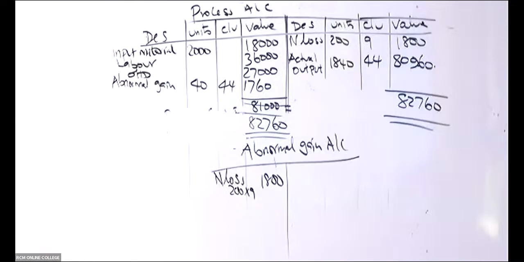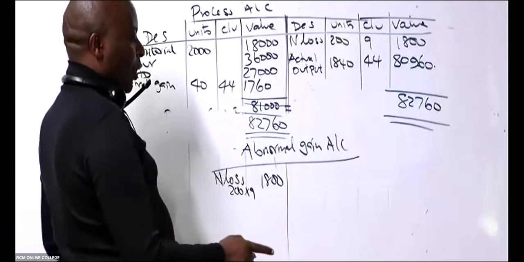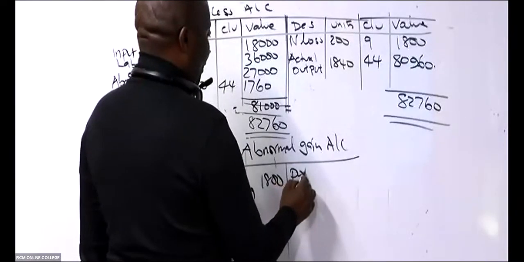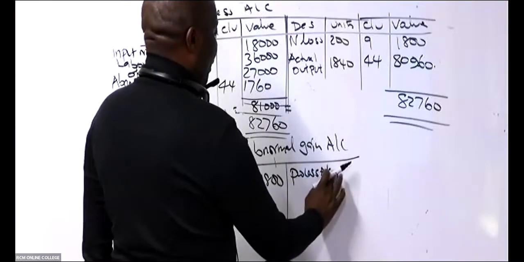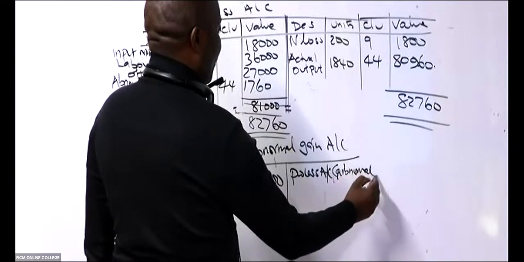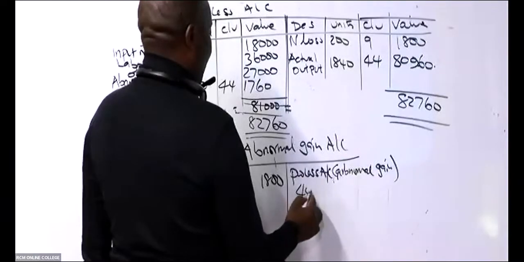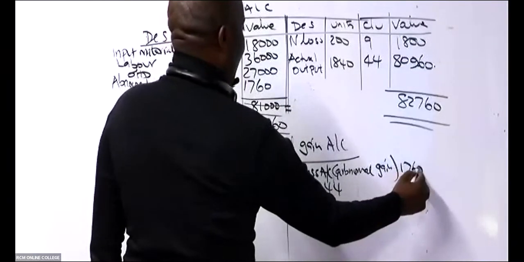And then we have abnormal gain. It's debited here, so it shall be credited. So we have here from the process account, abnormal gain. It is 40 at 44, giving us 1760. Great.